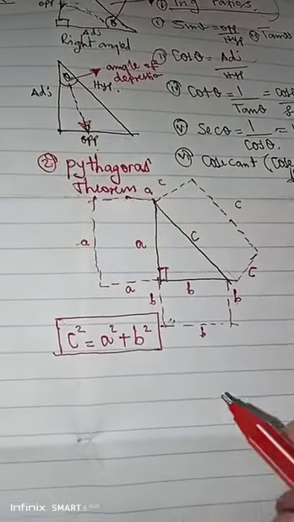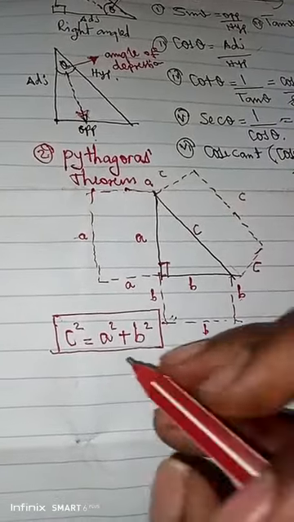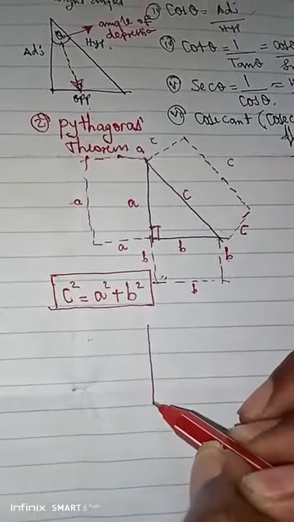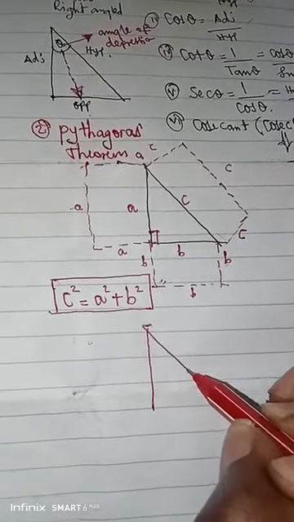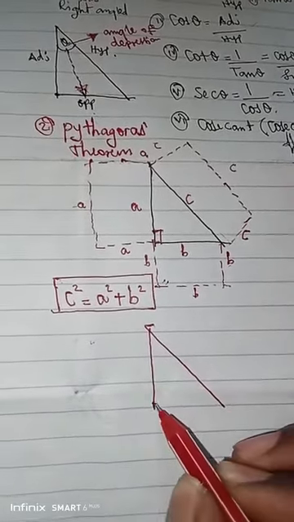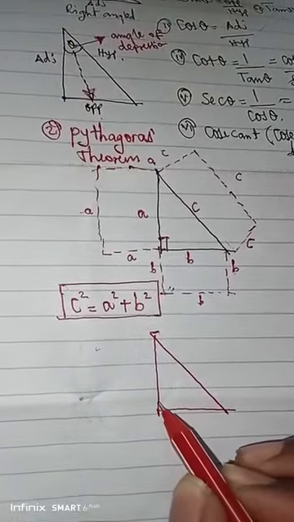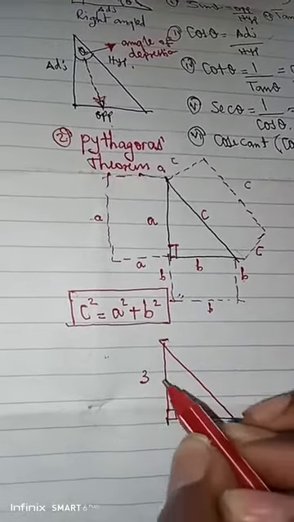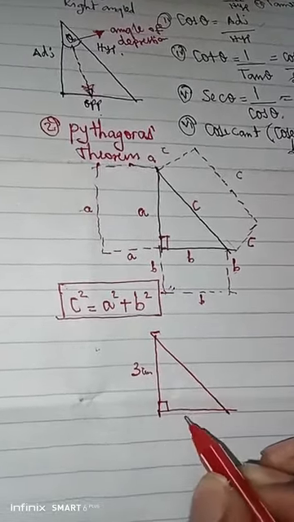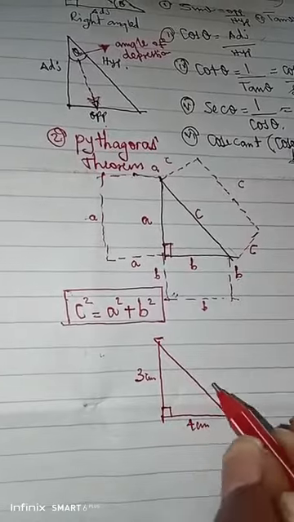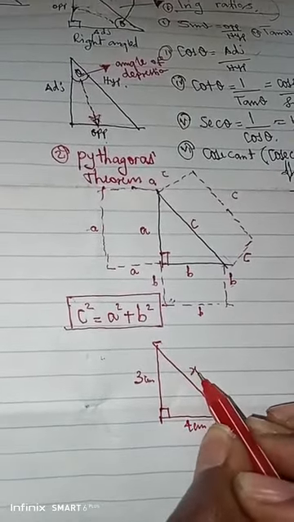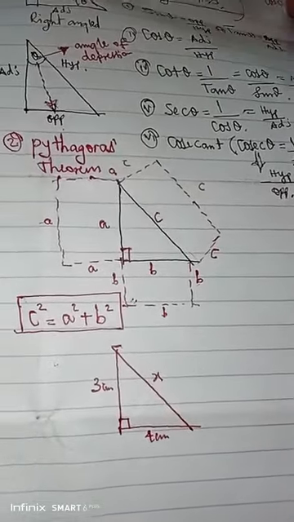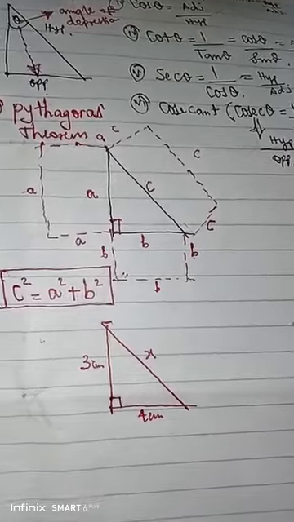All right, just a quick problem. Let us say maybe you have this. Maybe say this is 3 centimeters, this is 4 centimeters, and you're trying to find x. Definitely what you're going to use here is Pythagoras' theorem.